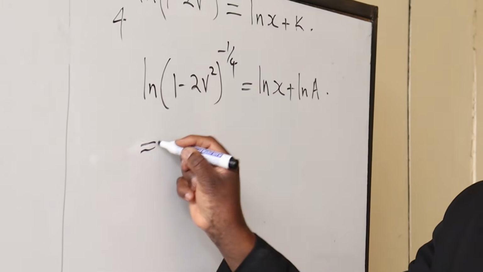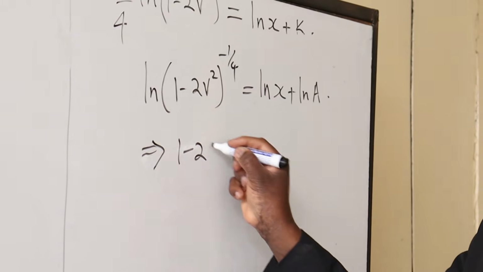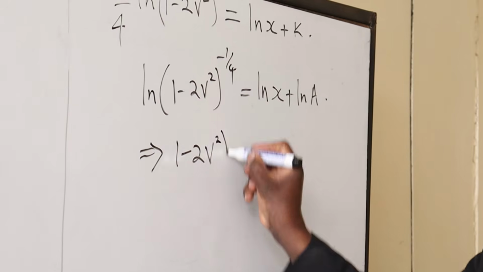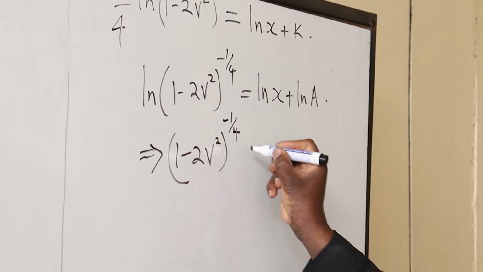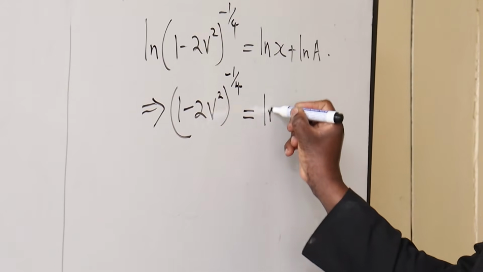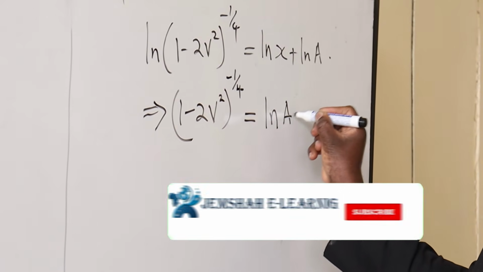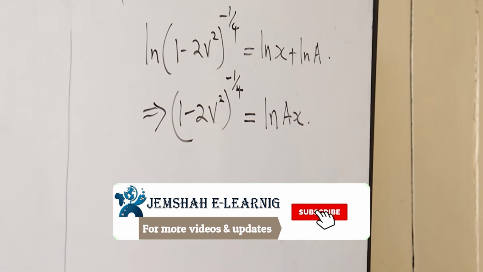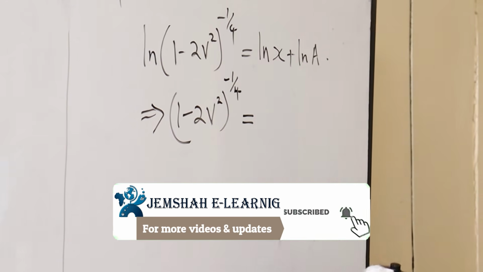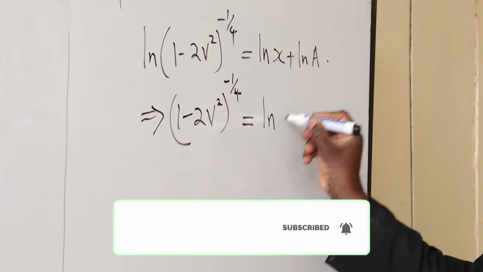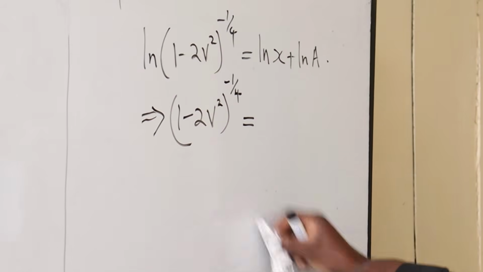This implies that (1 minus 2v squared) raised to power minus a quarter will be equal to ln of ax, will be equal to ax.